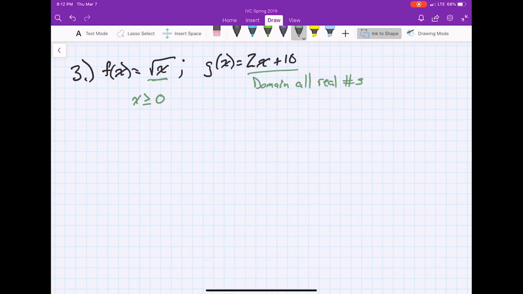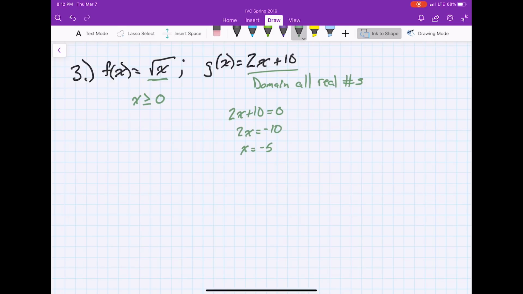0. So we set the function g to equal 0 to find out what that value would be. So 2x equals minus 10, x equals negative 10 divided by 2 is going to be negative 5. So that's what makes this function 0. And we can't get any lower than that.